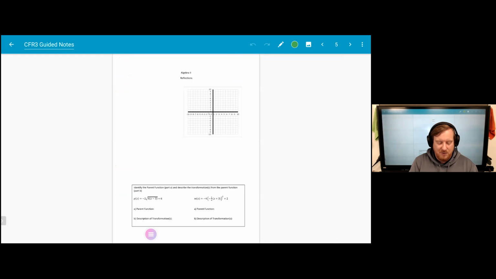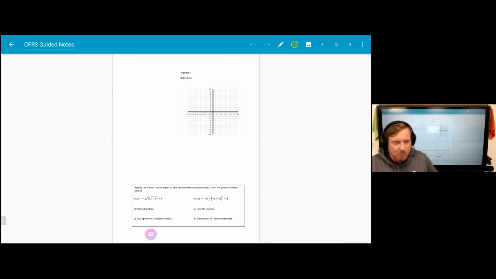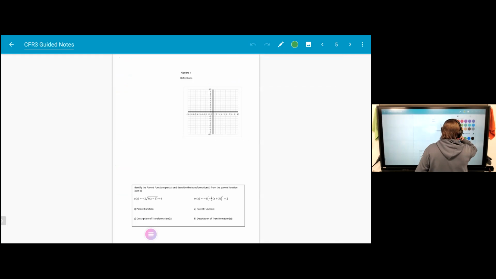We need to talk about reflections. Let's go back for just a second to that whole vertical stretch and compression business.